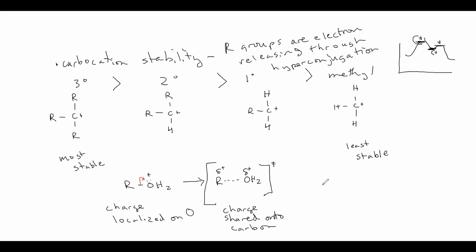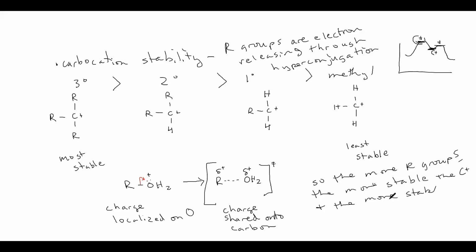Okay, so I'm going to continue my notes down here at the bottom. So the more R groups, the more stable the carbocation, and the more stable the transition state leading to that carbocation.